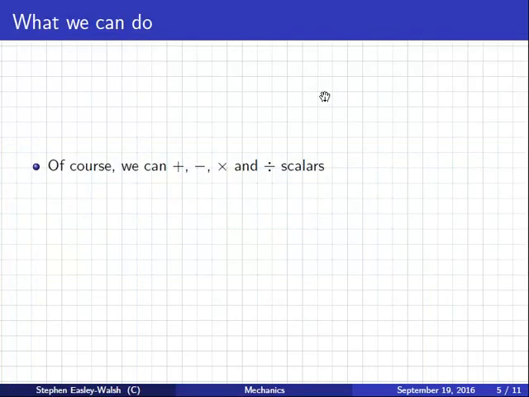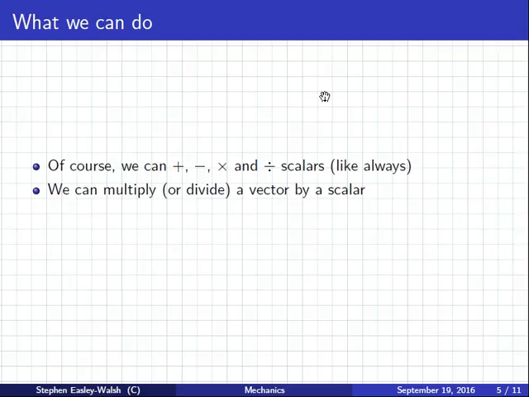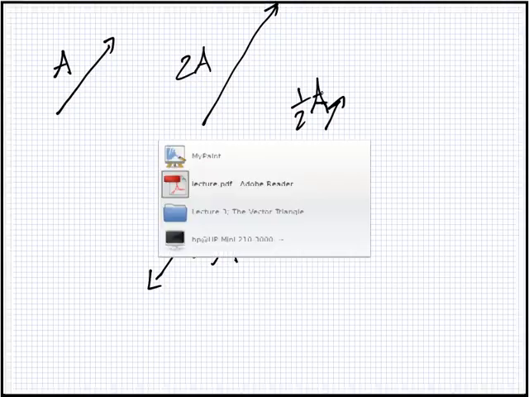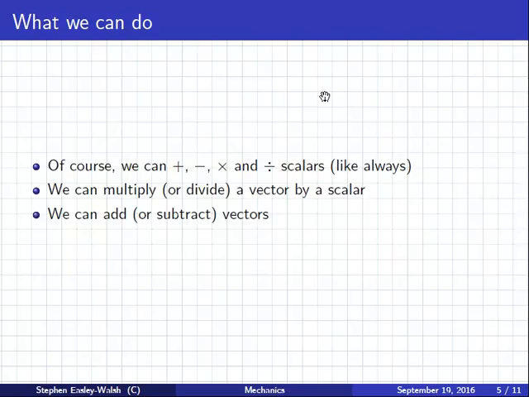So, of course, we can add, subtract, multiply, and divide scalars. You know, 2 plus 2, 2 multiply 2. That's easy. Like always. We can multiply a vector by a scalar, like how I showed you here. We can add or subtract vectors using the vector triangle.